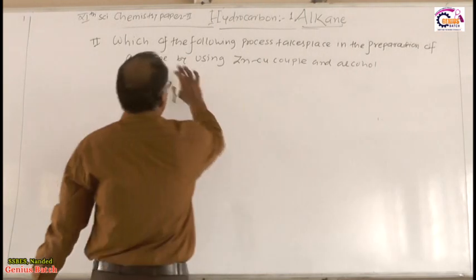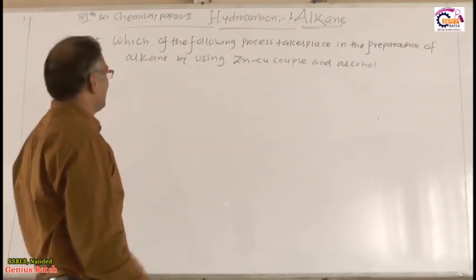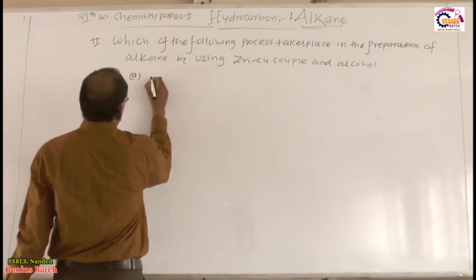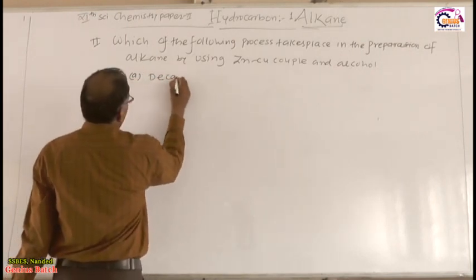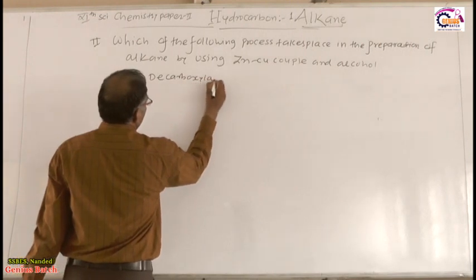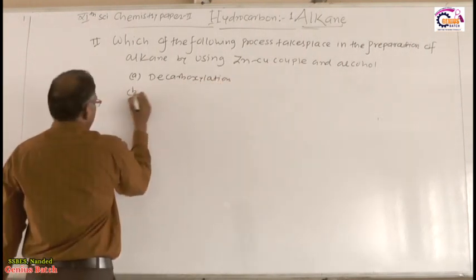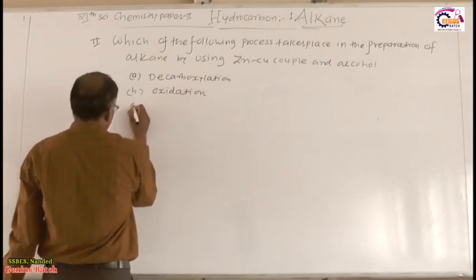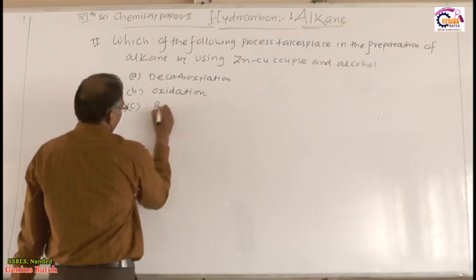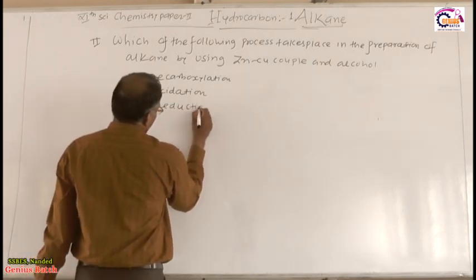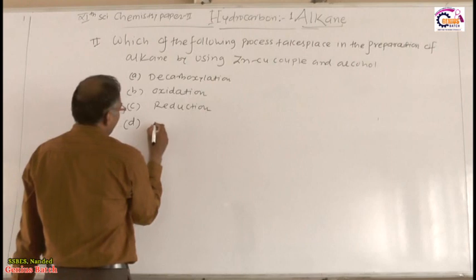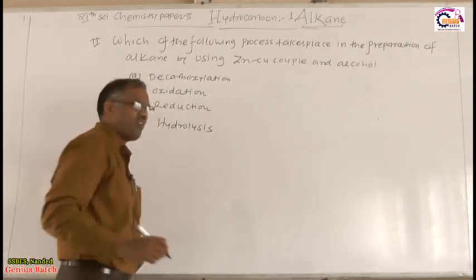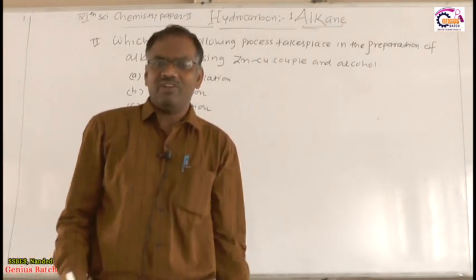Which of the following processes takes place in the preparation of alkane by using zinc copper couple and alcohol? The multiple options are: A, decarboxylation; B, oxidation; C, reduction; D, hydrolysis. Hydrolysis means addition of a water molecule or addition of NaOH or KOH.